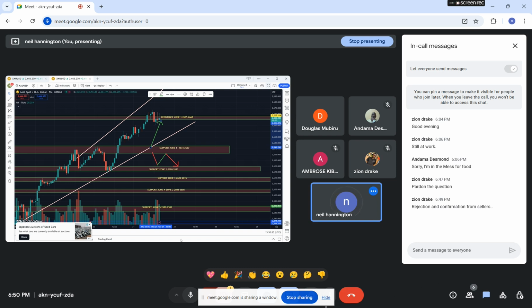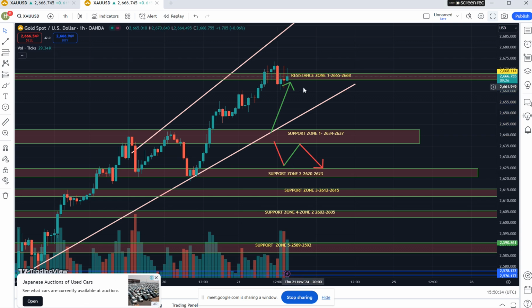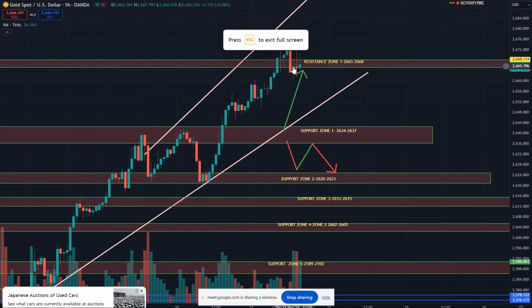When you look here, sellers have already formed confirmation that they are trying to keep rejecting buyers from going beyond this level, because we had what we call the indecision candles, and even right now, rejection is taking place from sellers. So sellers want to push this market down.